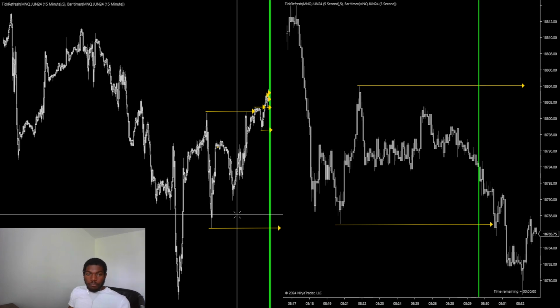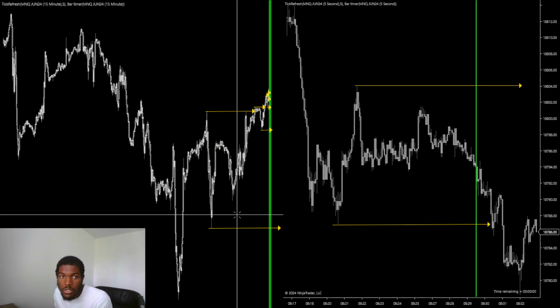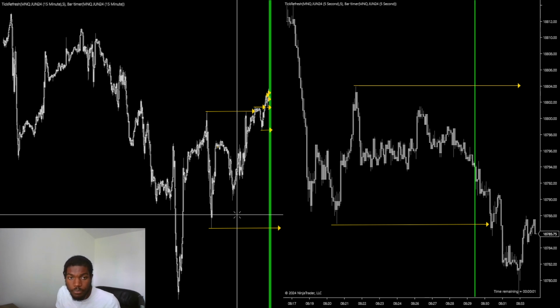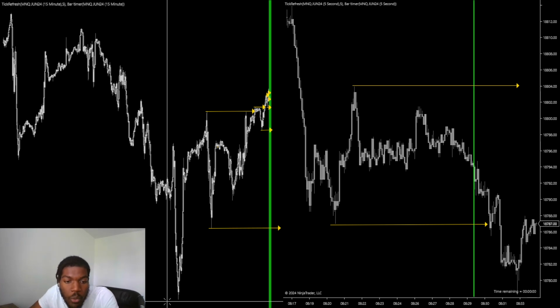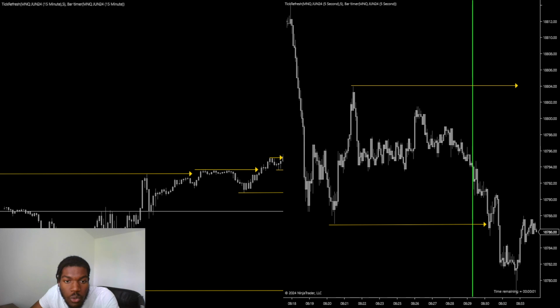The next step of what keeps my win rate high is understanding the narrative. So higher time frame narrative. Now you're on the higher time frame. I'm on the 15-minute, and I zoom in to the point where I can see the open, high, low, and close of each candle clearly.